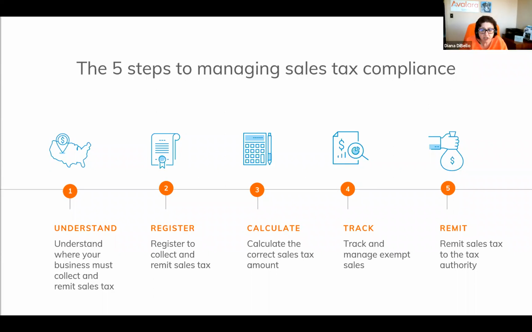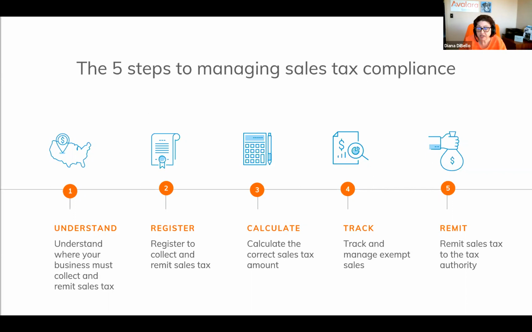First of all, you want to understand where your business must collect and remit sales tax. Then you need to register to collect and remit that sales tax in those jurisdictions. Calculate the correct sales tax amount on your bills at your point of sale, on your invoices, so that you're sure to get that correct tax from your customer.